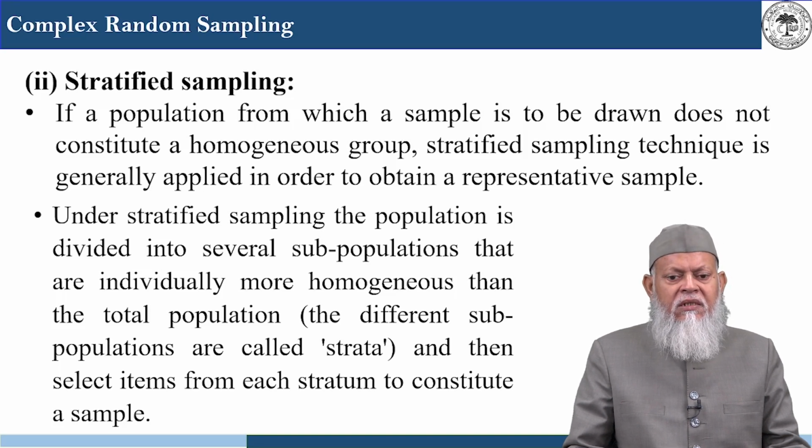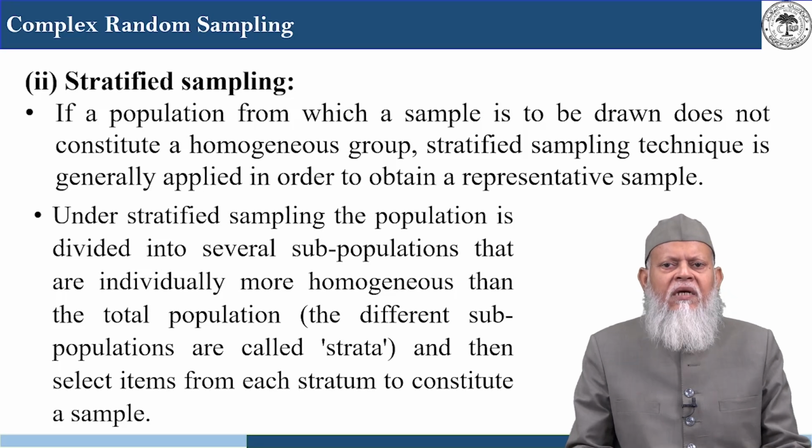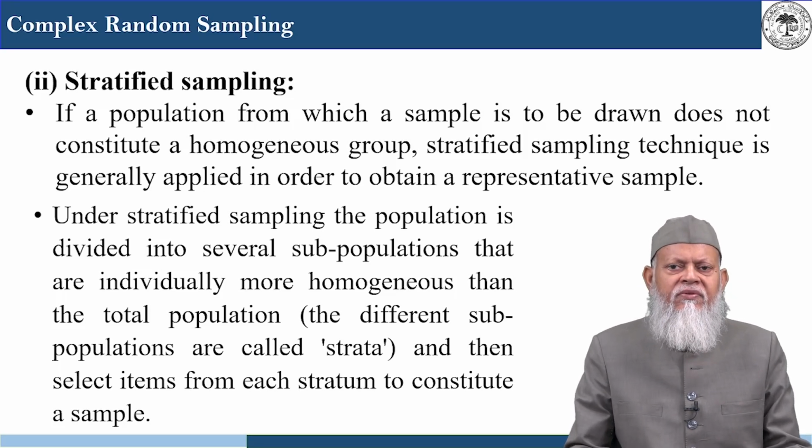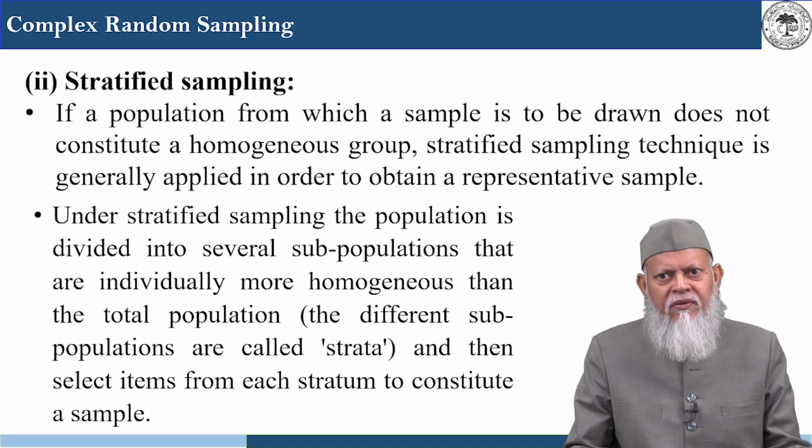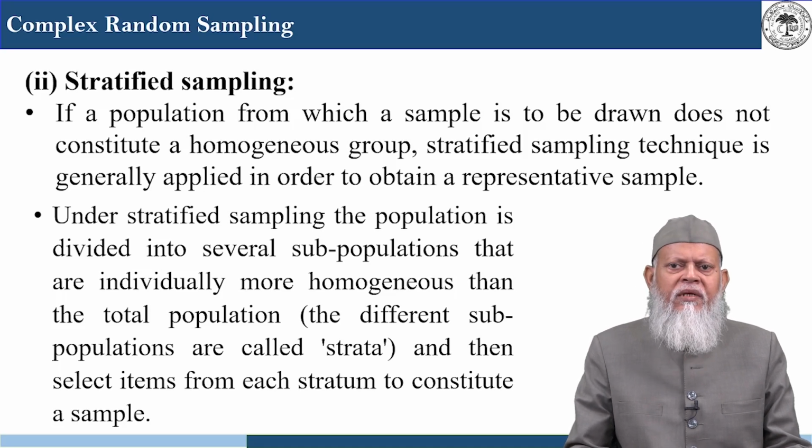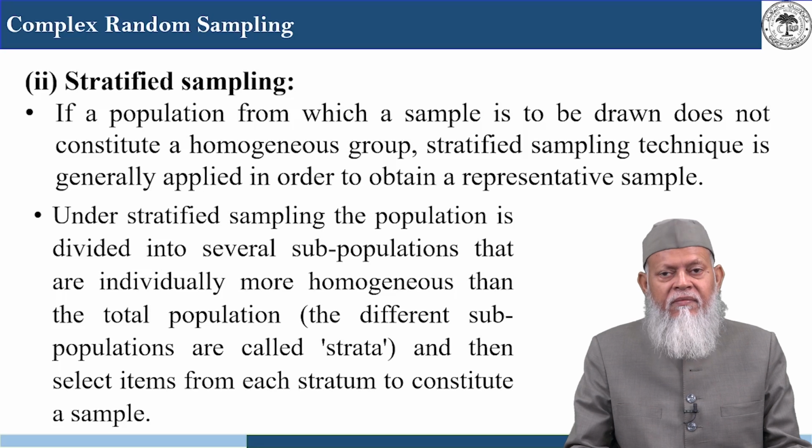So, it is better to go for stratified sampling. And what is that? Make subpopulations, which are strata. The subpopulations could be the faculties of the university, or the departments of the university, or the courses of the university.